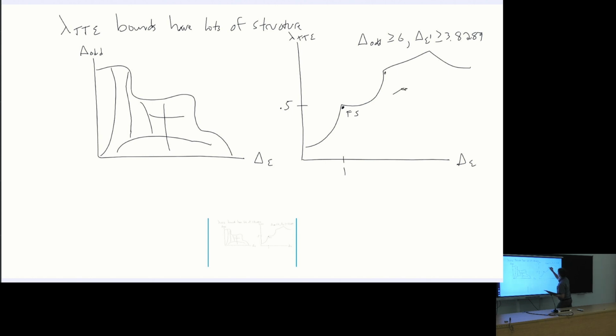Up here, you get a kink, which looks very plausibly related to the 3D Ising model. So this is at 1.41.